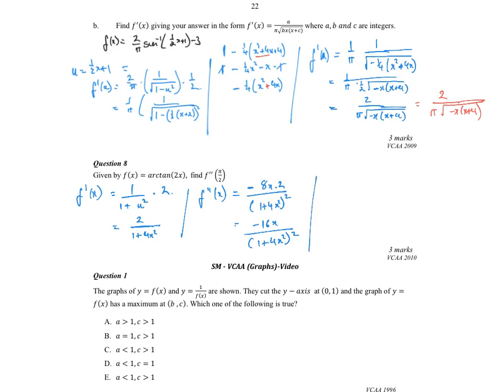So we get negative 16 times pi on 2 over 1 plus 4 times pi on 2 squared, all squared, which is negative 8 pi over, pi on 2 squared is pi squared on 4 times 4, so I just get 1 plus pi squared, all squared. That doesn't look too bad.